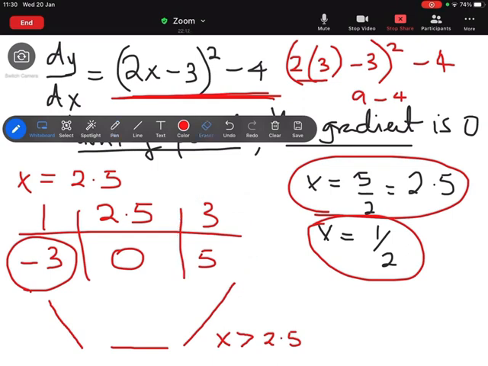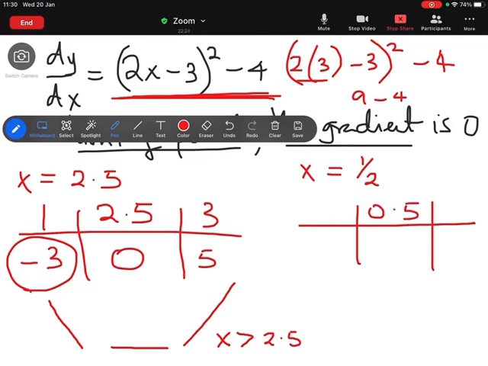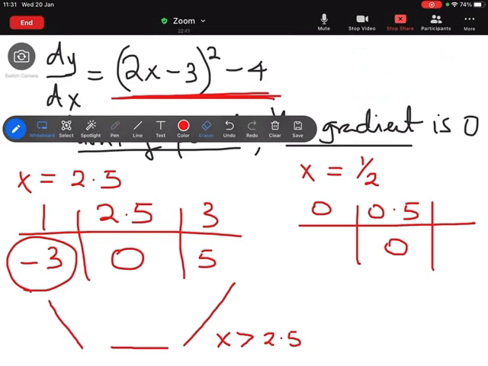Then we will attempt to do the same at the point where x is a half. We draw the table and we have 0.5. At the turning point, the gradient is 0. To the left of 0.5, I will choose to use 0 and substitute it in the gradient function once again.